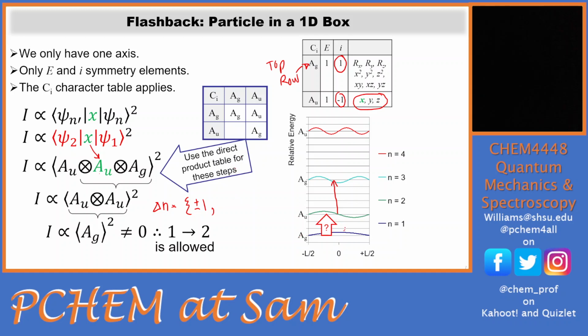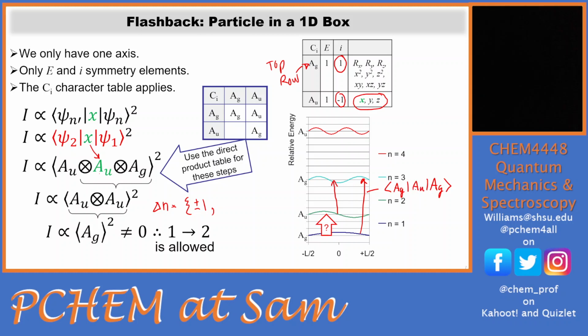What about an AG to an AG? So this one here, what's the symmetry setup for that one? AG for the top state, AU for light, AG for the bottom state. Now we have just 1 minus 1 in there.